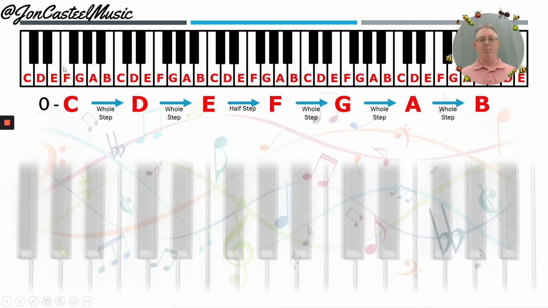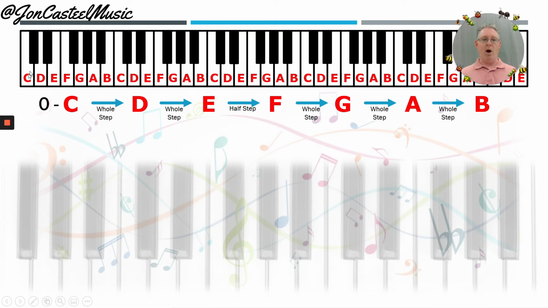So from E up a half step puts us at F. Going from F up a whole step puts us at G. From G a whole step puts us at A, and a whole step from A puts us at B. There are no sharps in the key signature because we're not playing any of the black keys. So that's what's important here.